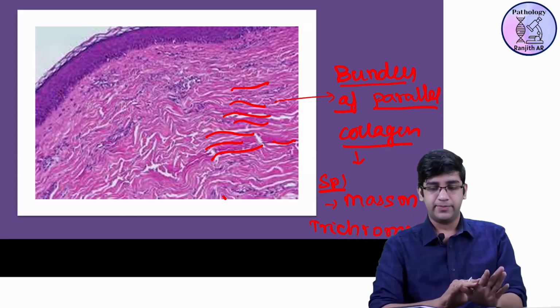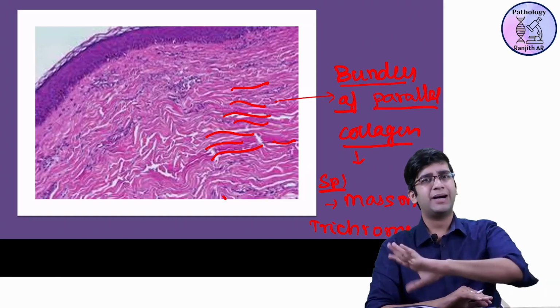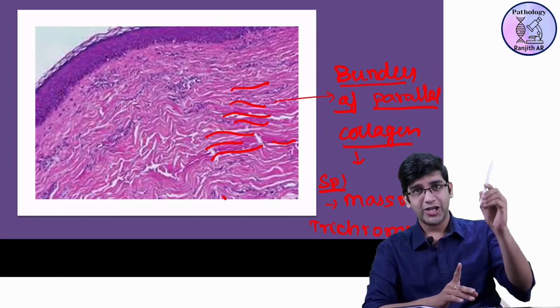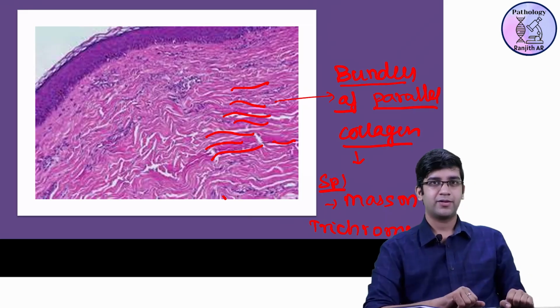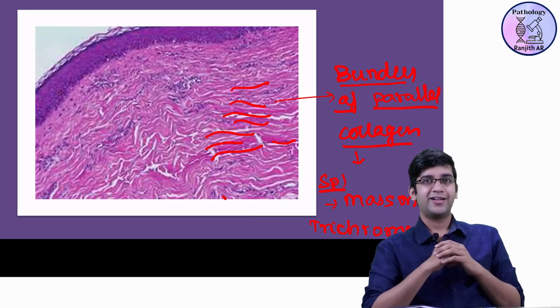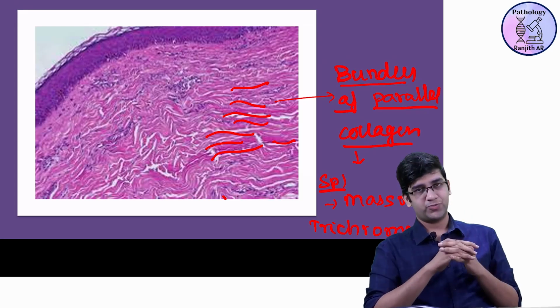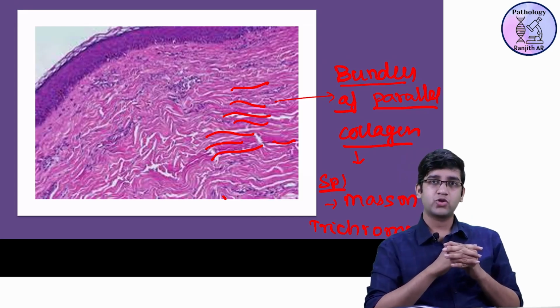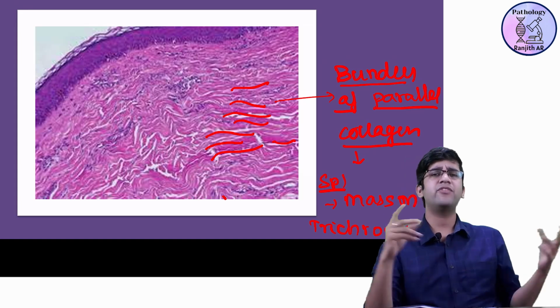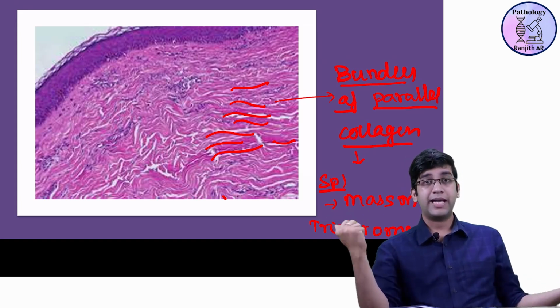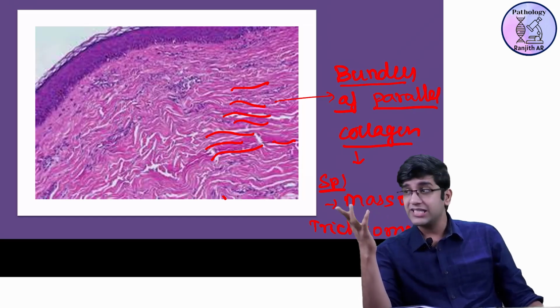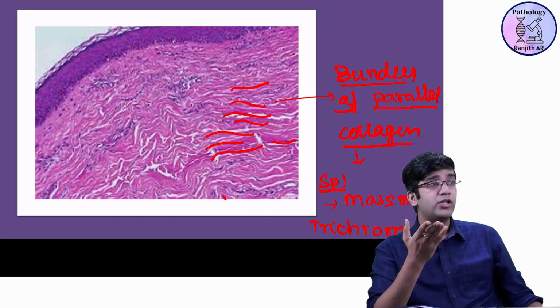Keloid is diagnosed clinically. But if I take a microscopy, I'll have bundles of parallelly arranged collagen. Now a question comes. You're going to say that I'm having something pink in color. Collagen is pink in color. What else is pink in color in my microscopy? Protein is pink, plasma is pink, every damn thing is pink. I will not be able to understand whether this is collagen or amyloid or protein or anything.